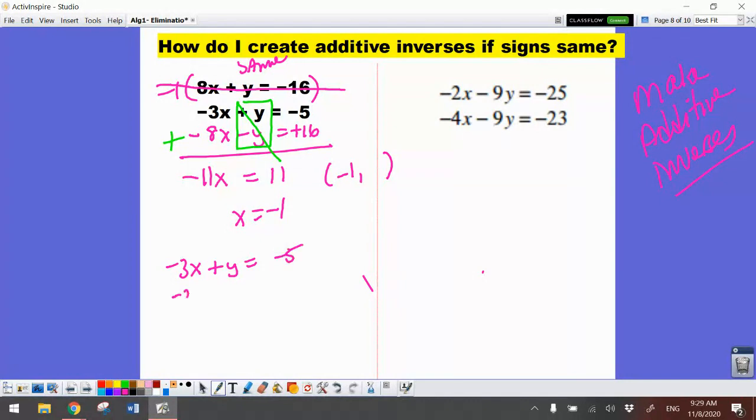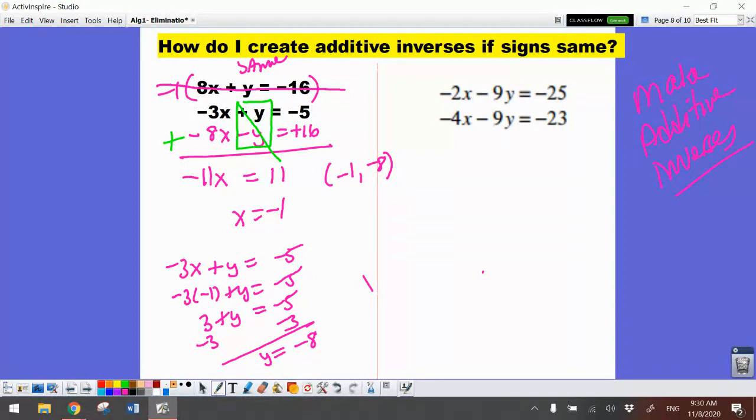The -1 is going to go in here with the x. So -3 times -1 is +3. And I subtract my 3. Y is going to equal a -8. So there is my solution.